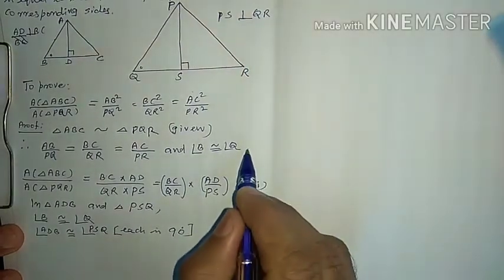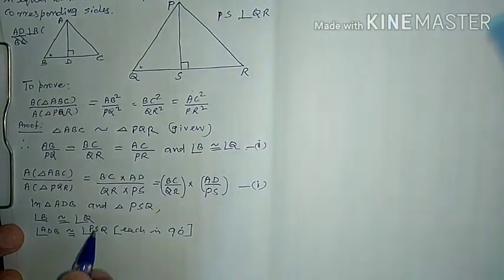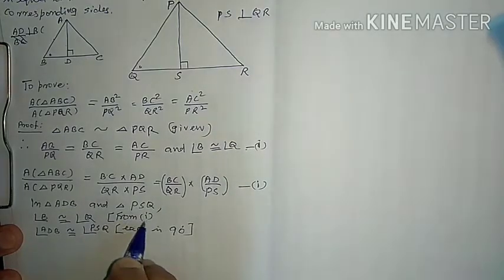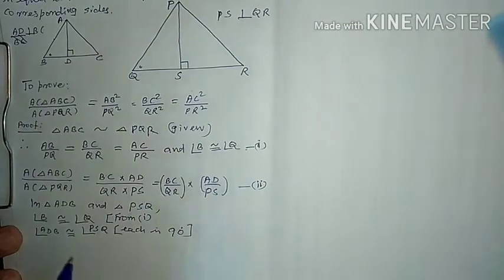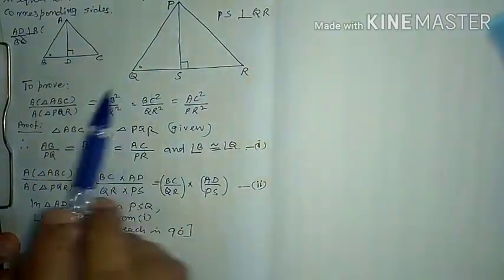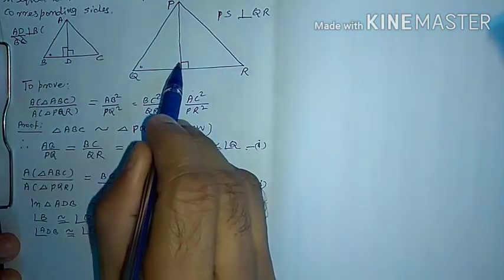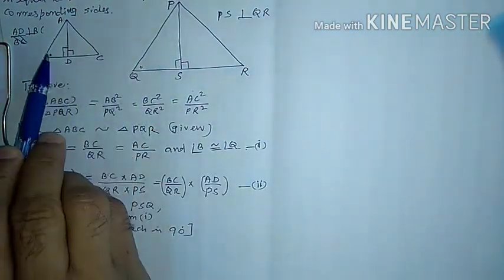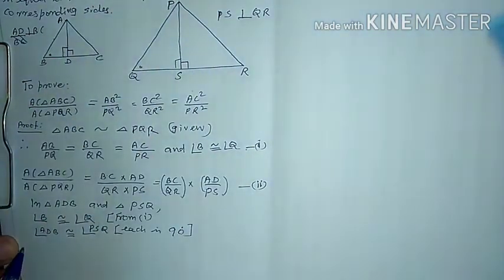This we consider as 1, and the other as second. Here in these two triangles, 90 degrees each and a common pair of congruent angles, so these two triangles are similar.